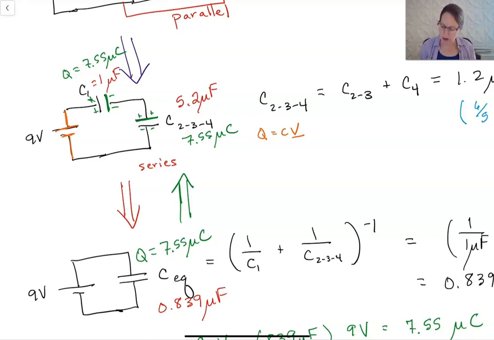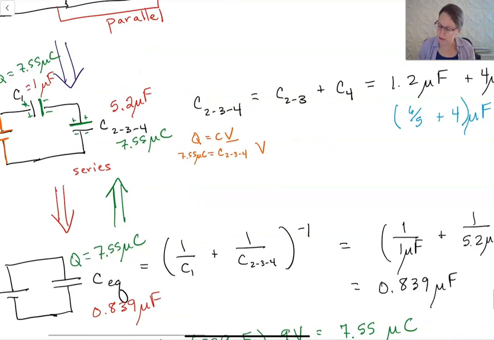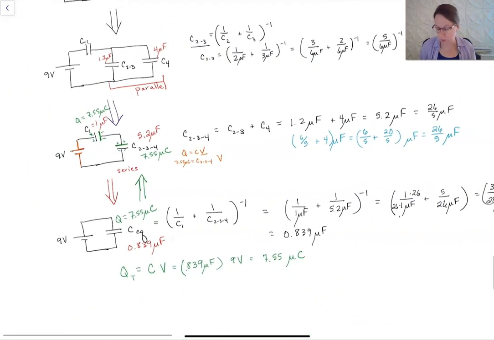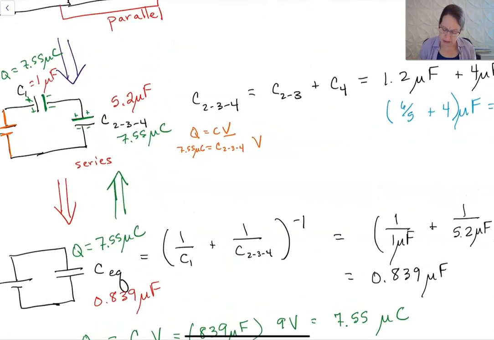So if we do that for my C234, as I'm calling it, the charge is 7.55 microcoulombs and the capacitance is 5.2, or 26 over 5. So the voltage is 7.55 microcoulombs over 5.2 microfarads. The micros conveniently cancel each other out, and I get 1.45 volts.